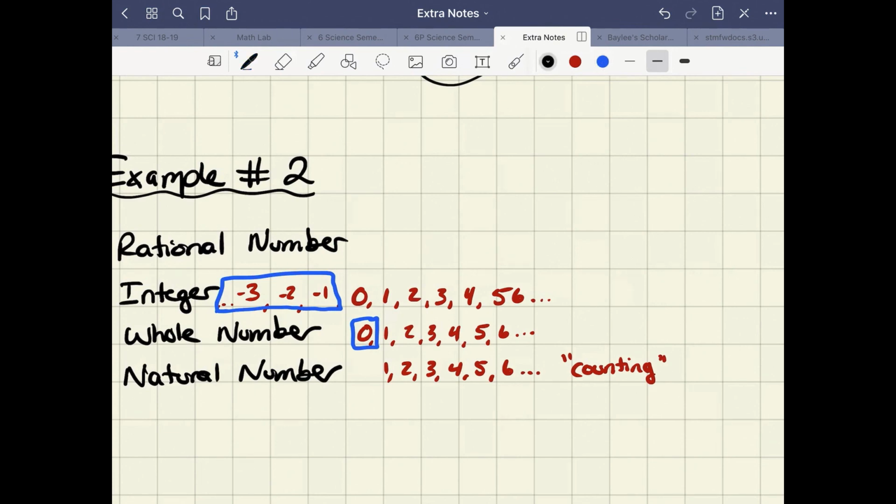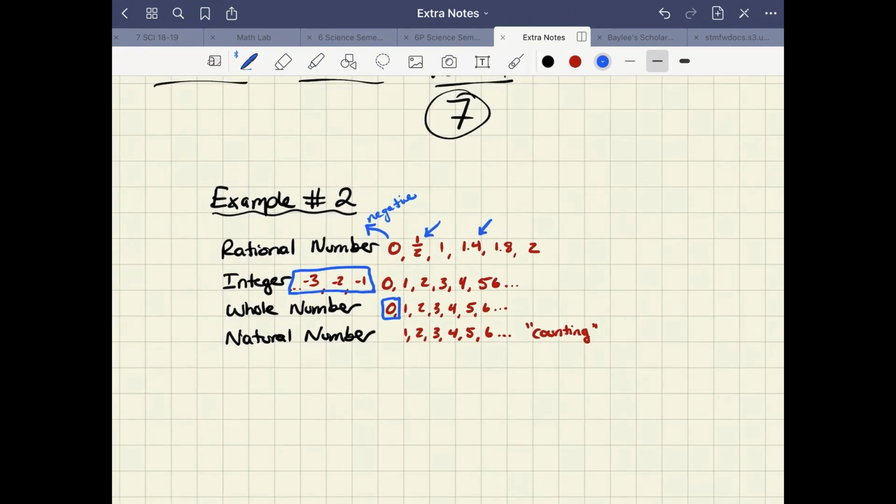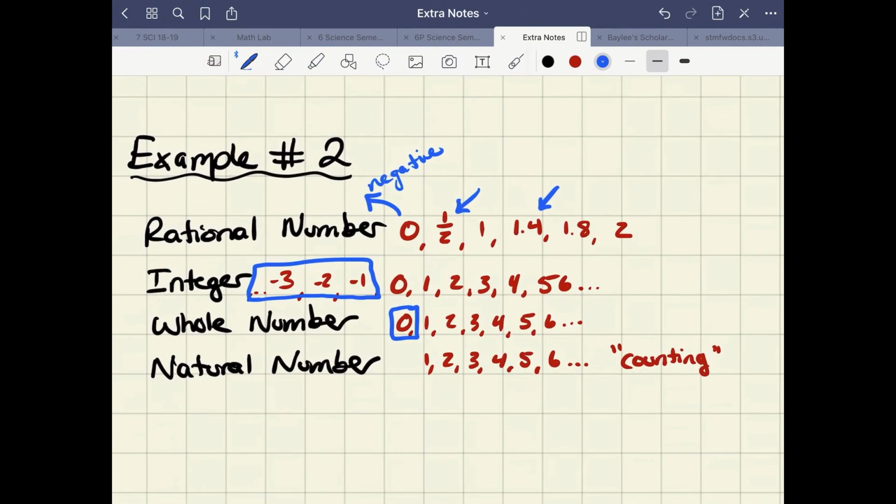So you could have 0, but then you could have 1/2, and then 1, and then something like 1.4 or 1.8, and then 2. And so you've got these fractions and decimals as well. And of course, you can include the negative values as well. So those are all the rational numbers. Okay, so for example number 2, you should have given examples of each of those.